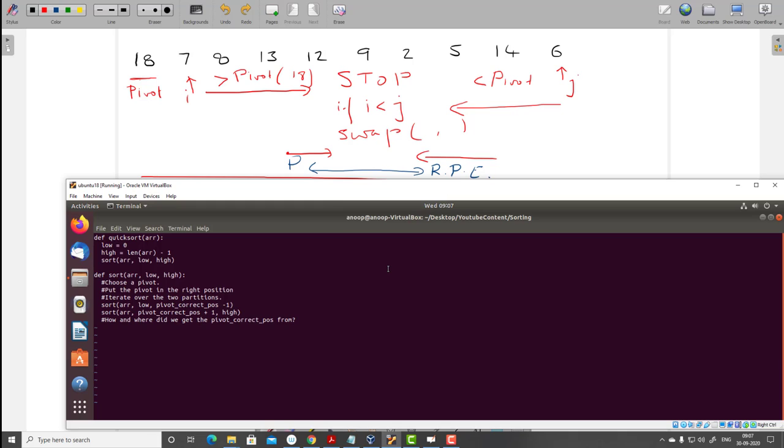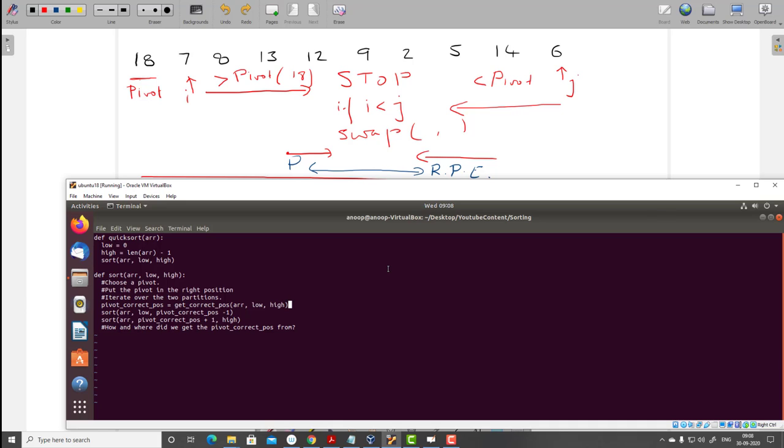So we say, okay, go over here and we call a function which says, we call the pivot correct position, we call a function called get correct position, and it again goes through the same array with low and the high.